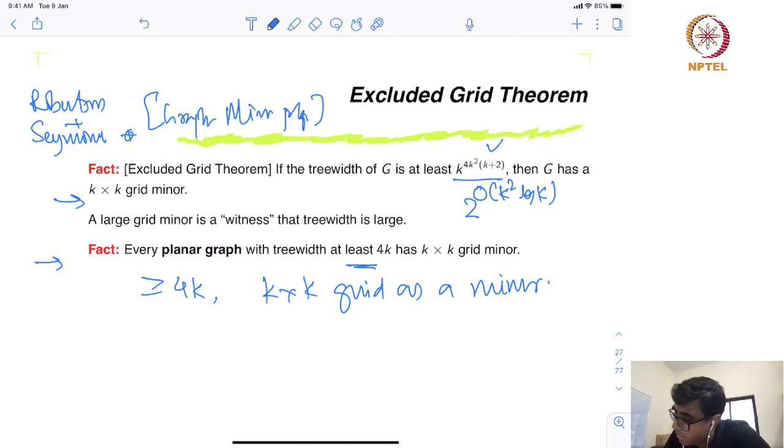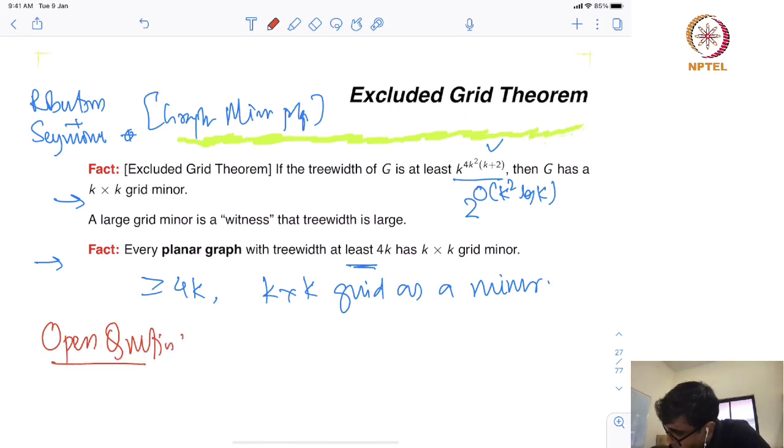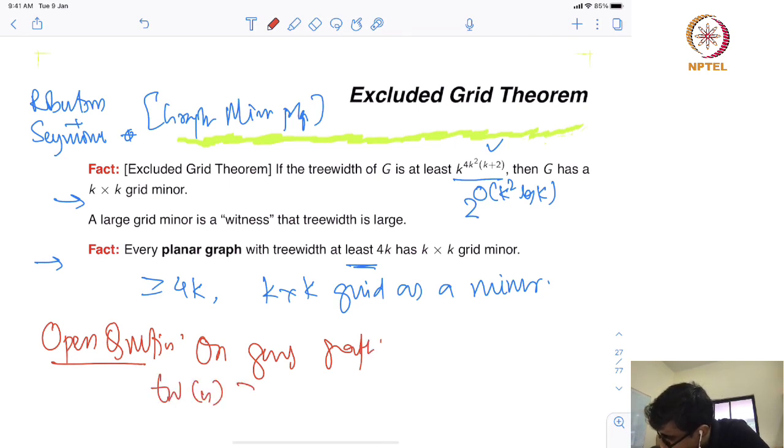So, it was a big open question in the literature: on a general graph, can we say that if the treewidth of G is more than some k to the power big-O of 1, then it has a k times k grid as a minor?